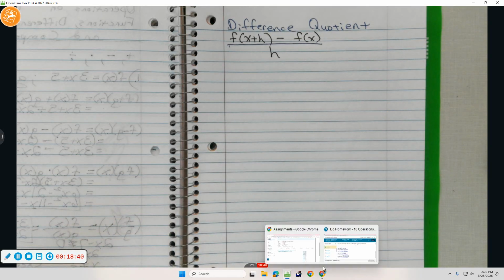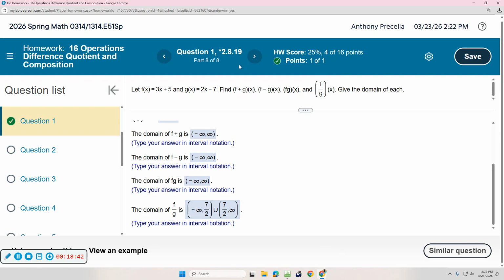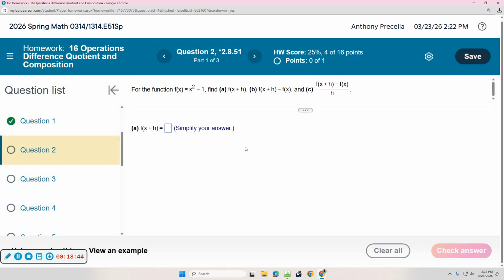Looking at number 2, they give us a function. F of x is equal to the function x squared minus 1. They're breaking this into 3 parts for us.